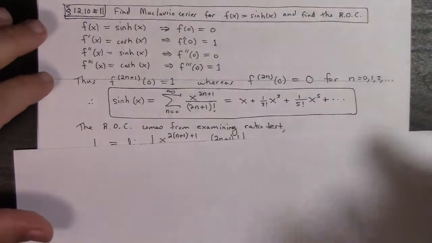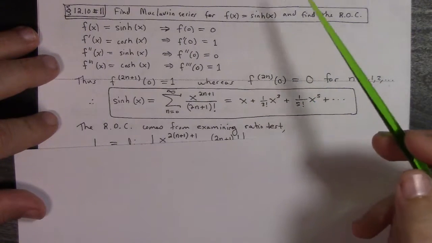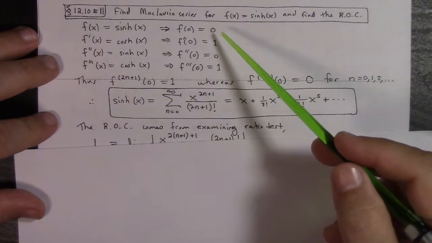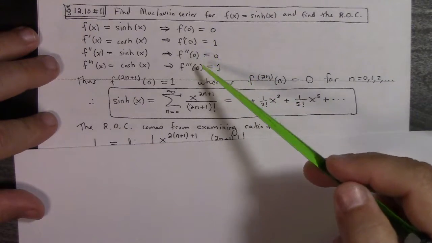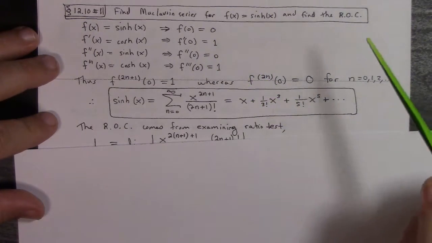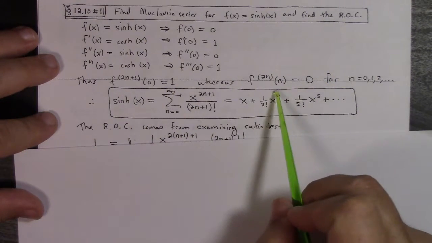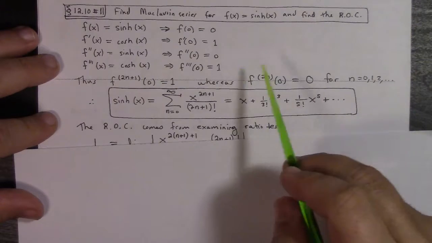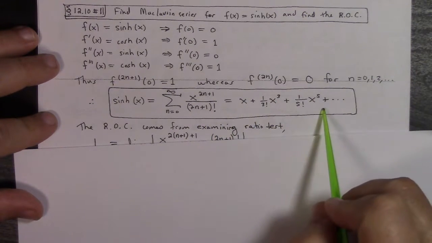Number 11 here, find the Maclaurin series for sinh. So I think I might have done this already actually. Anyway, so differentiate, plug in 0, plug in 0, plug in 0, get 0, 1, 0, 1. So you can see that the odd derivatives at 0 evaluate to 1, the even derivatives evaluate to 0, so we only pick up the odd terms in the Maclaurin expansion, namely these.